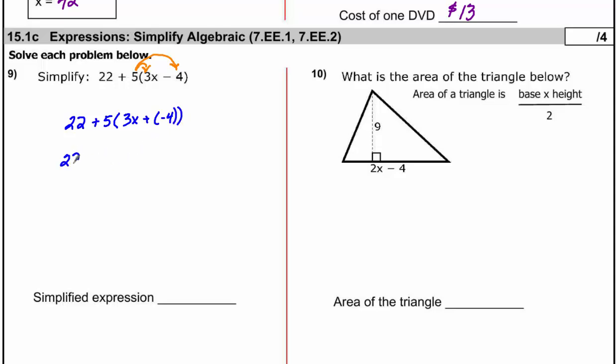The 22 doesn't change. 22 is not part of the rainbow at all. I'm going to have 5 times x and 5 times 3x, and 5 times negative 4. So 5 times 3x is 15x, plus 5 times negative 4 is negative 20.